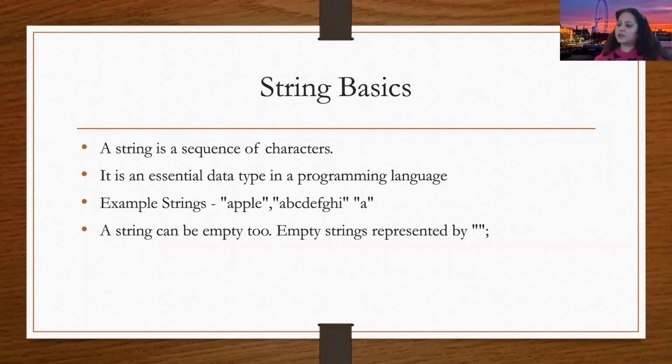You might have learned arrays in the previous algorithm series. So extending that to strings is nothing but an array, a sequence of characters. Strings could be empty as well, and there are functions which we will look at later to check if a string is empty or not empty.